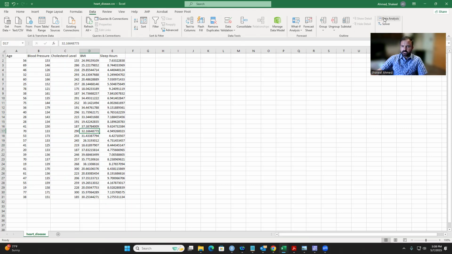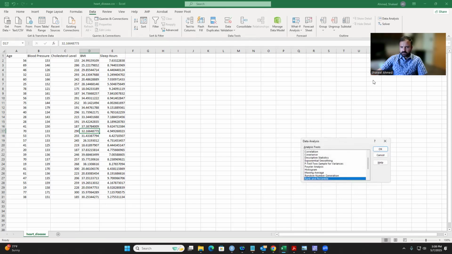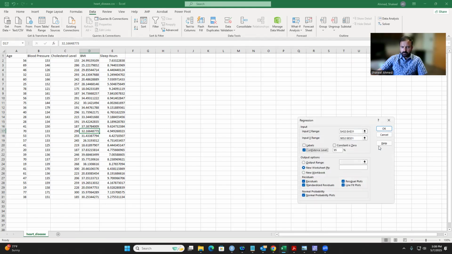In Excel, we have the data analysis option, data analysis toolpak. We can select the regression option and then click on OK.